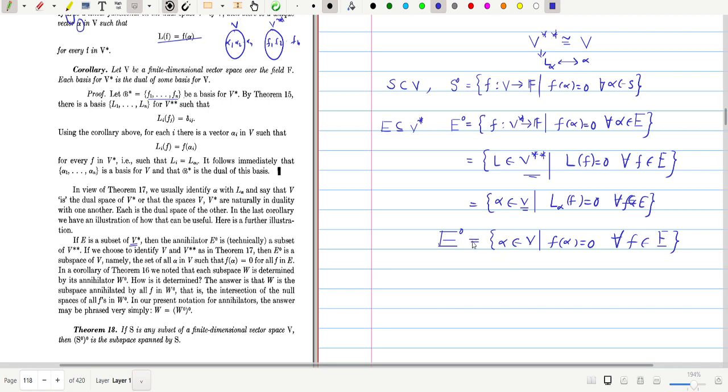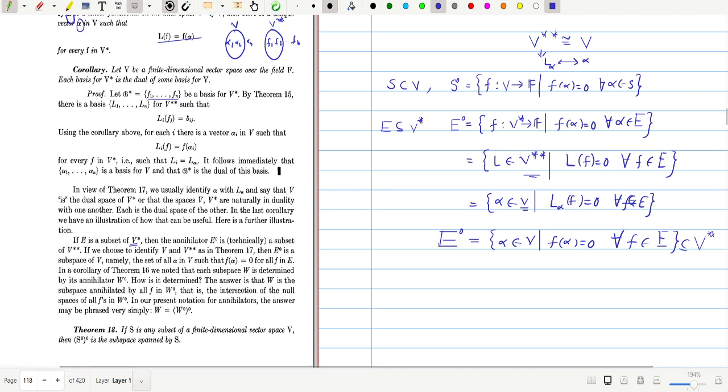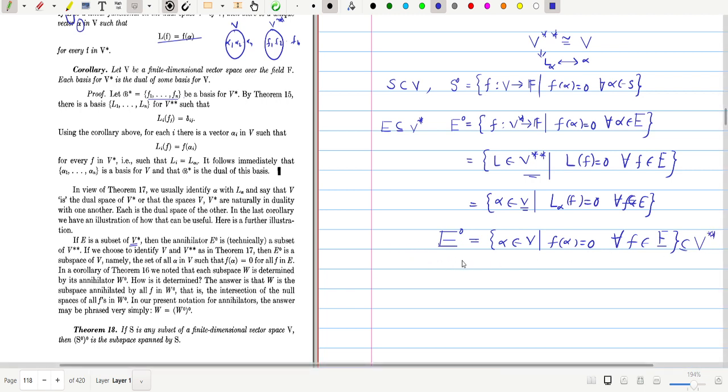So the annihilator, this is a subset of V double star. Then any annihilator of a subset of V star can be identified as a subset of V. This identification can be concluded as a theorem: if S is any subset of a finite dimensional vector space, then S naught whole naught, that means the annihilator of S naught, is the following.